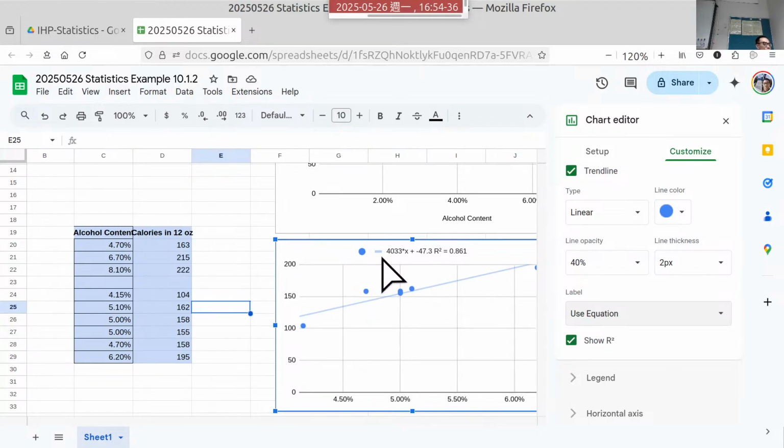Y equals 33 times x plus minus 47.3, like this one.